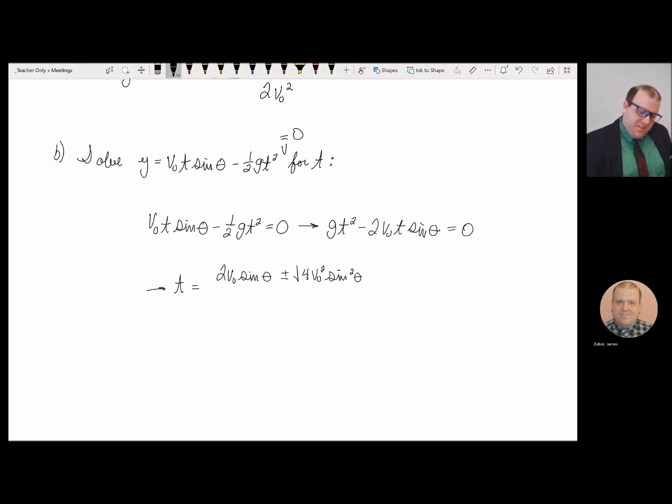Oh, wait, what am I doing? I could have done this a lot simpler. Because c is 0, I can just factor out that t to make life easier.